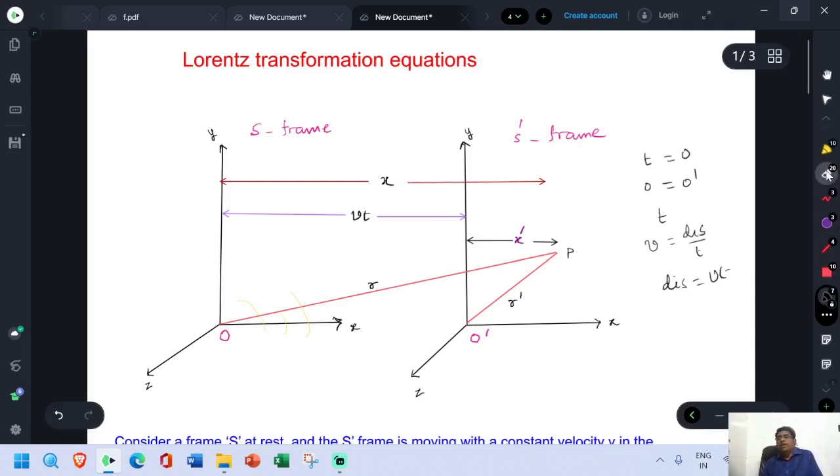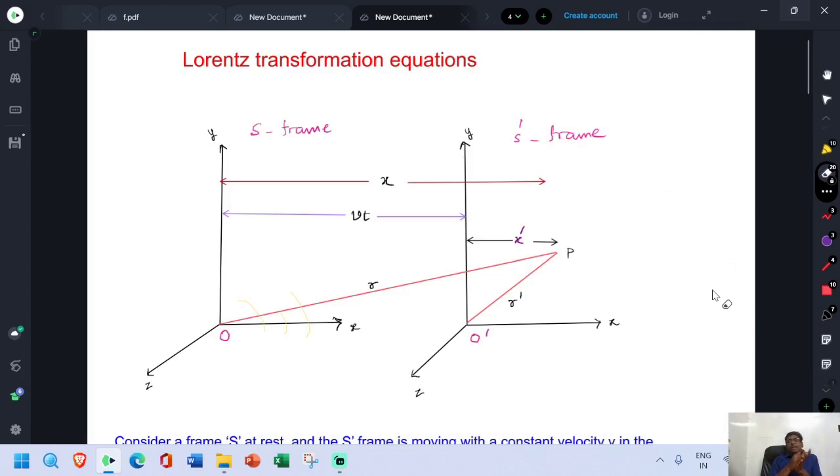At t equal to 0, as we pointed out earlier, both the frames coincide with each other. At that moment, consider a flash of light coming out of the system. The light waves propagate as spherical wavefronts of increasing radius.